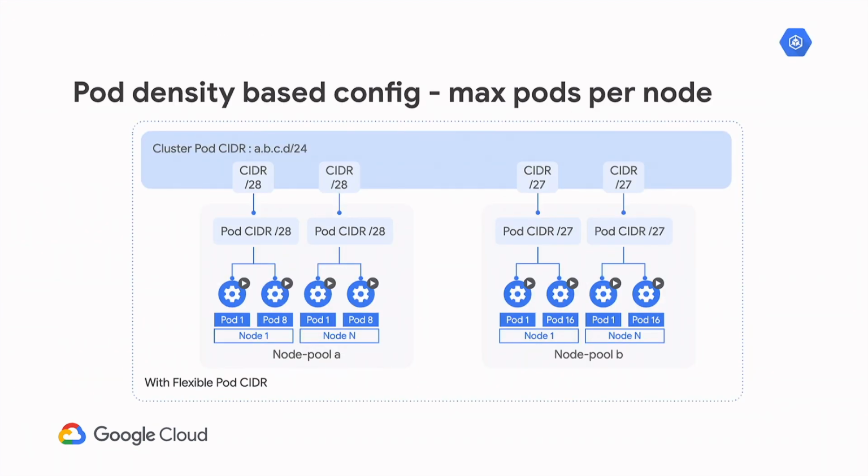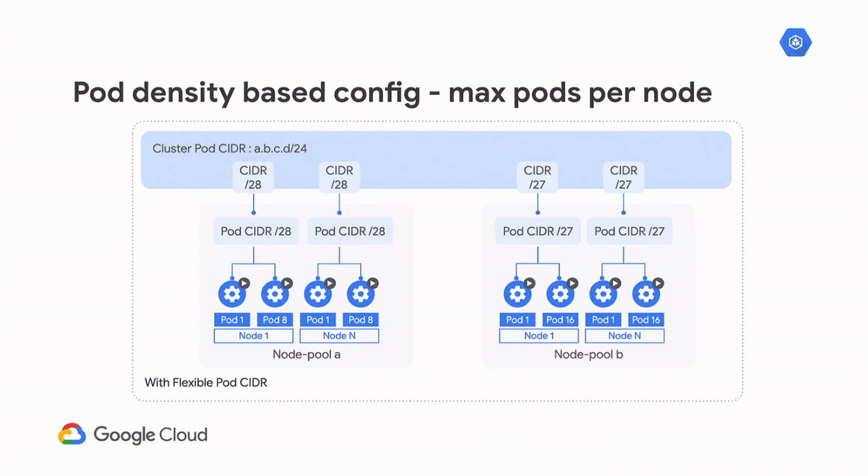Another knob that you can tweak, and which may be helpful, is deciding on the number of pods that you expect on an average, or on a max basis, sorry, on a per node basis. So as you can see up here, I can allocate a big pod range, let's say a /24, to all my pods across the cluster.